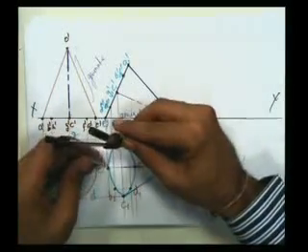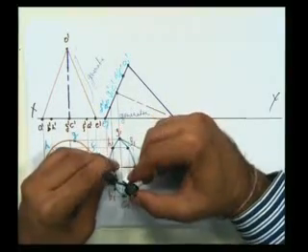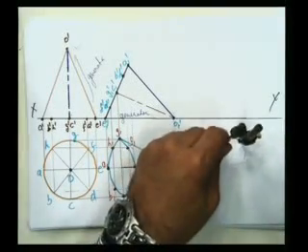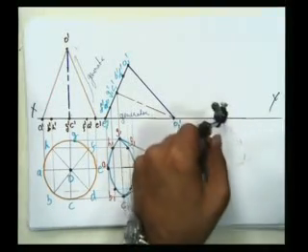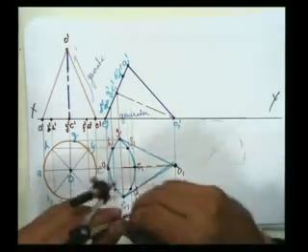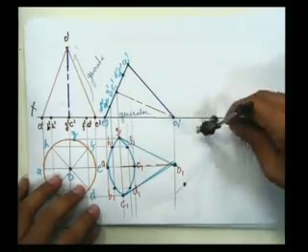And even these two points, first F and D, and for G again this will be marked on this end.